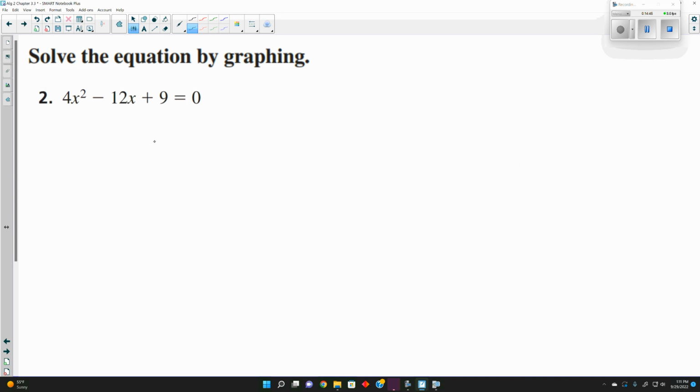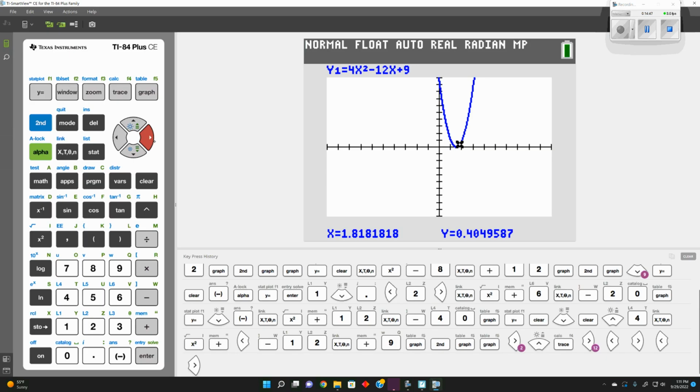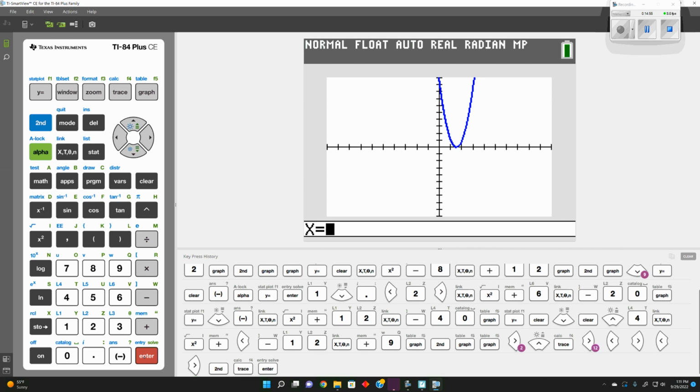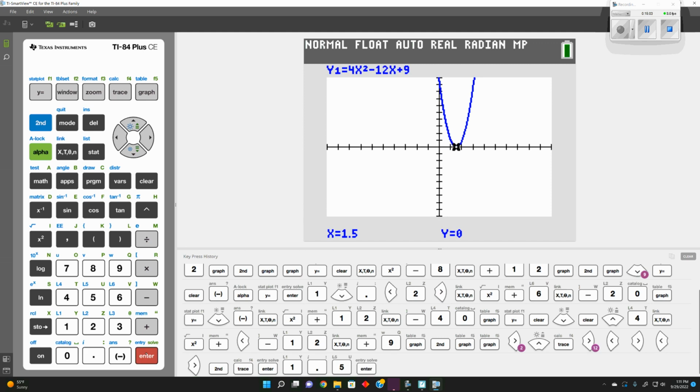Now, I can show you all this here. If you go second trace, it will let us calculate a value. Trace, enter. And what this lets us do is plug in a value for x. So we could try 1.5. And that is 0.